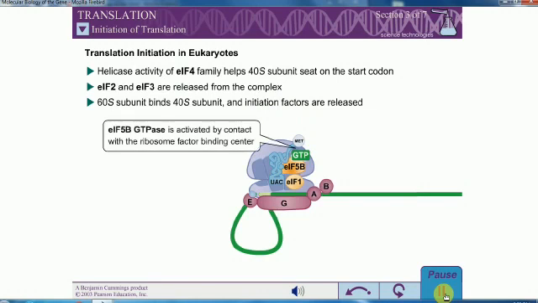The remaining initiation factors are released after large subunit binding stimulates the eIF5B GTPase activity.